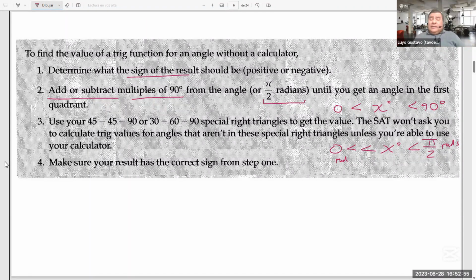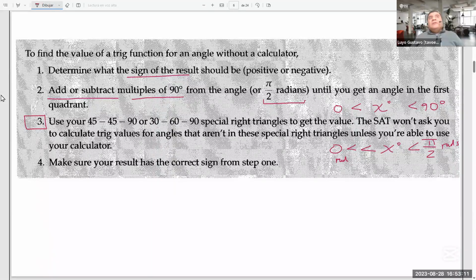Once you are left with a reduced angle, you can follow the rule in step 3. You can use whatever special triangles you may know about in order to determine the exact values of the functions.